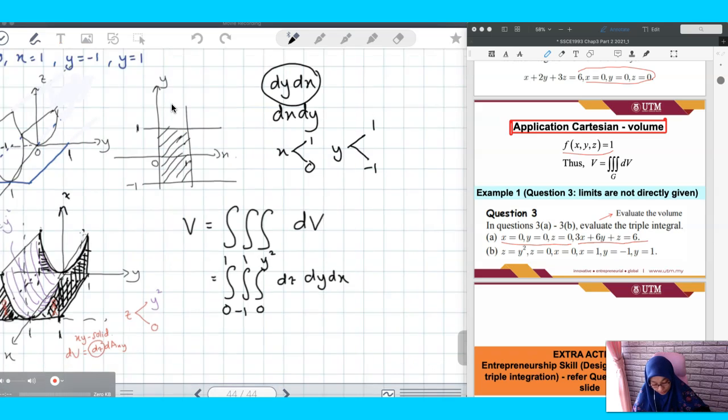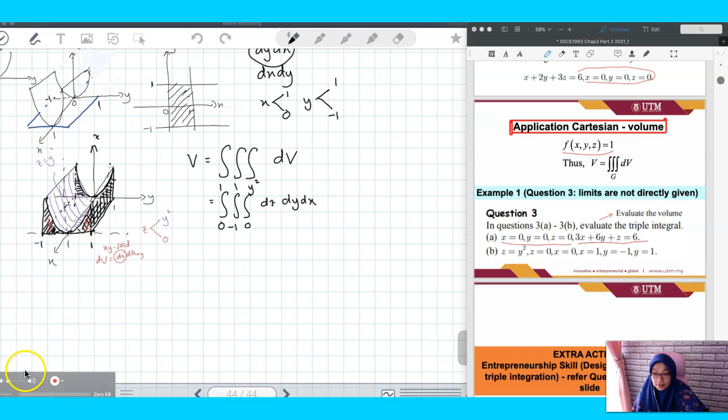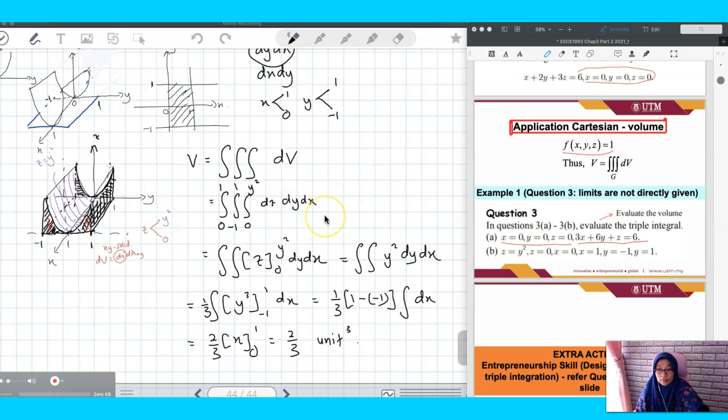Then we can evaluate that. Looking at your solid, do we need to split the region? You don't need to split it because the upper bound and lower bound of z are the same.